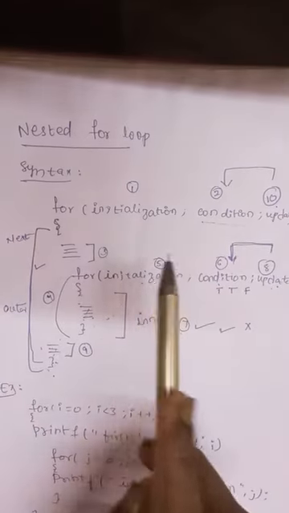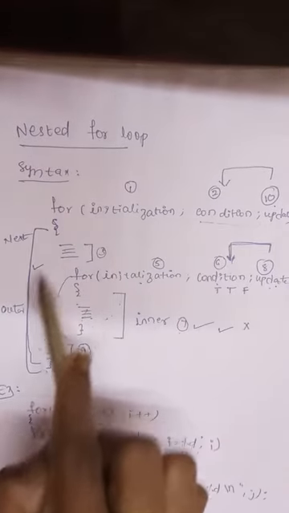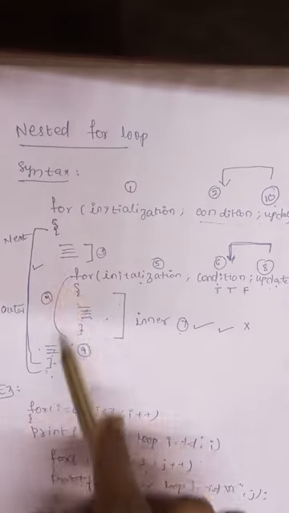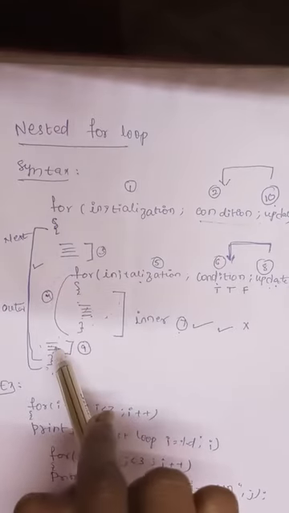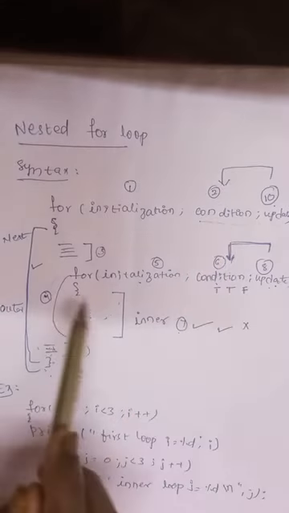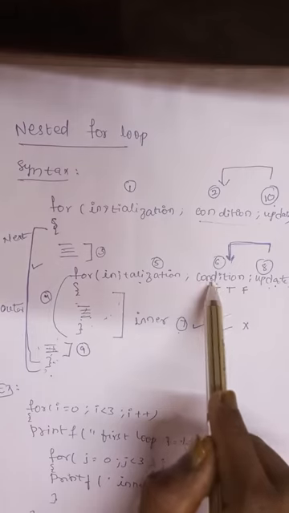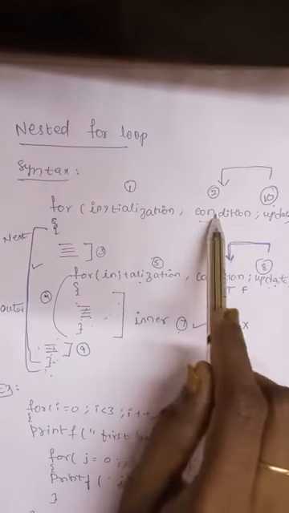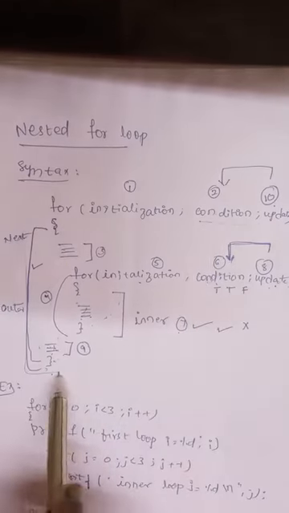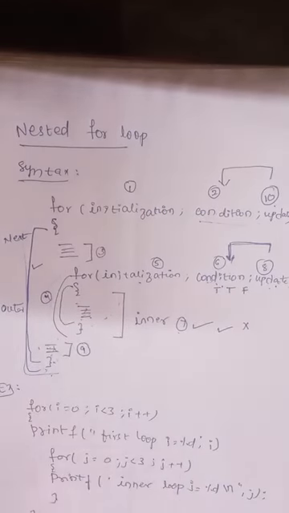That means when initialization and condition are tested, this inner for loop and its statements will be executed until the condition becomes false. The inner for loop is executed as long as its condition is true.